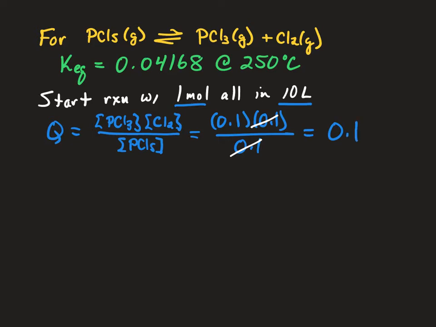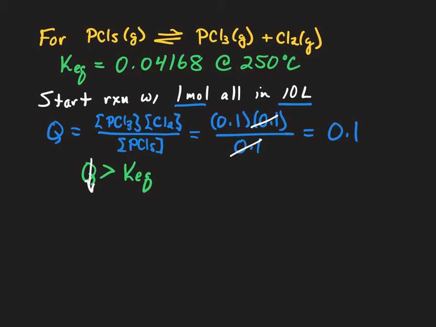So in this case, our Q is greater than the equilibrium constant. In order to move toward equilibrium, Q has to get smaller, Q has to go down.